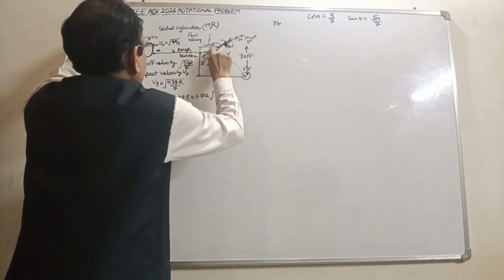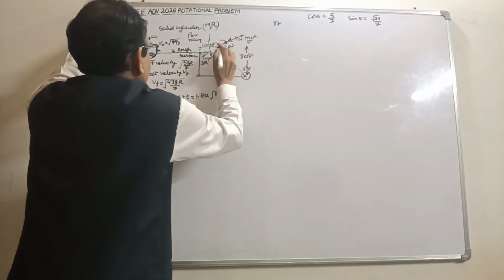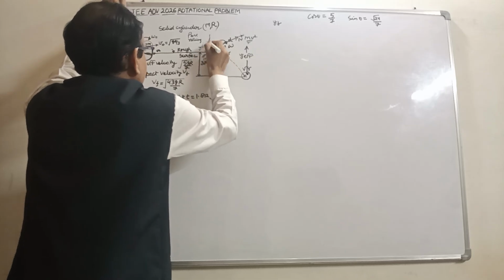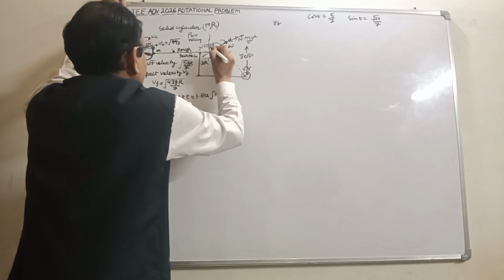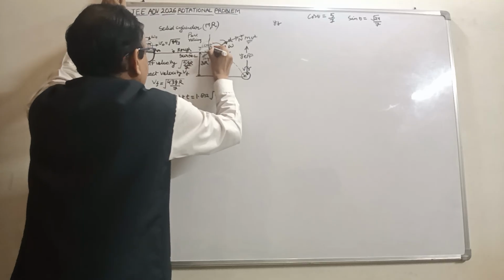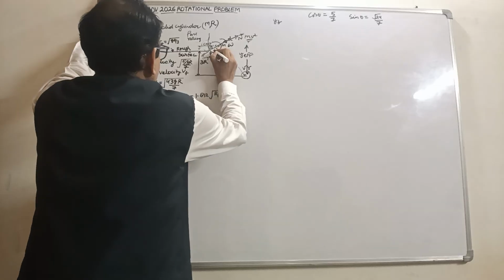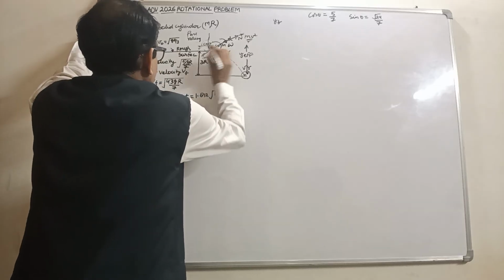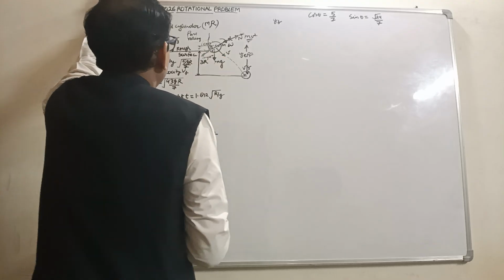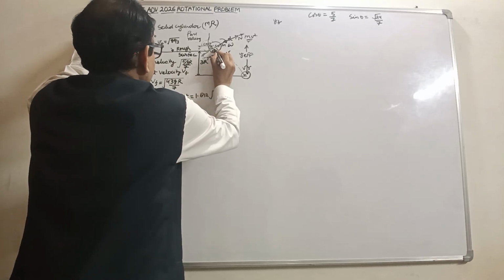In this scenario, this is a circle, and this is a tangent, and this angle is theta here. This angle is theta, so this angle also is theta. We have to find this distance.